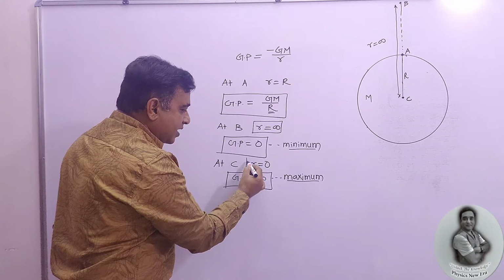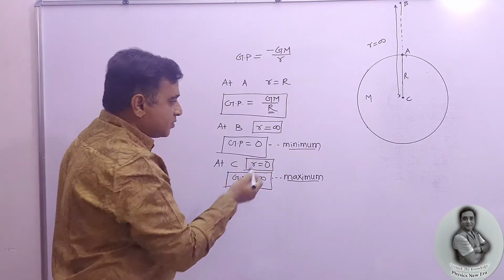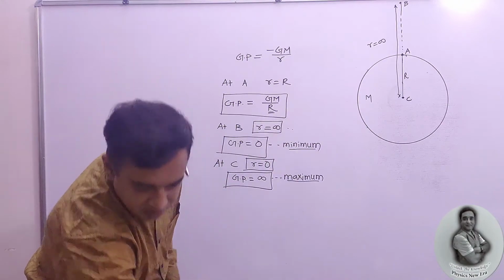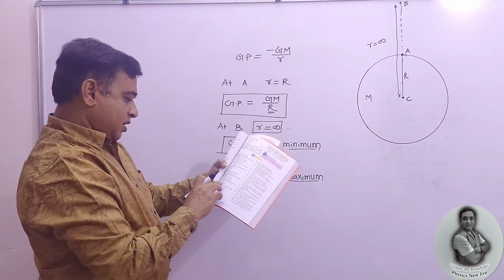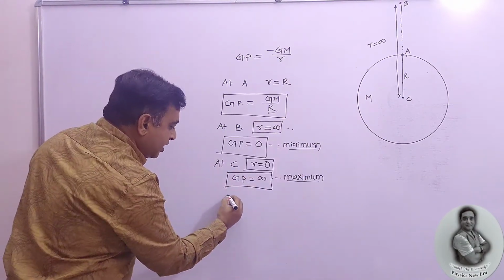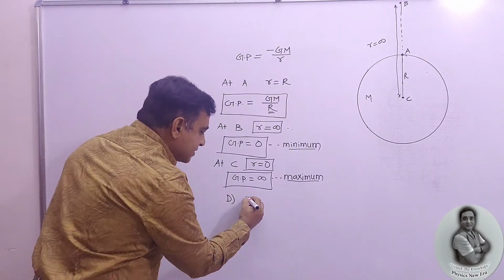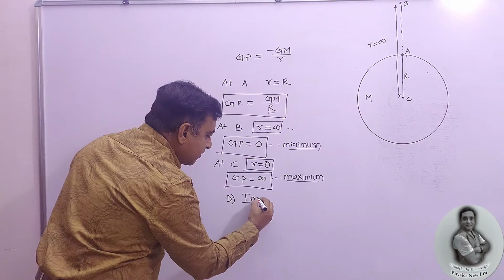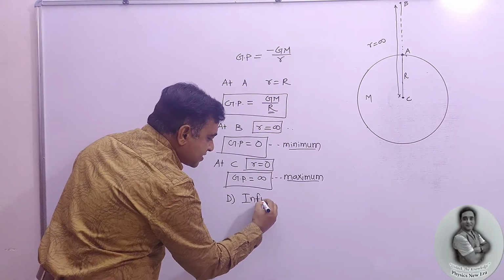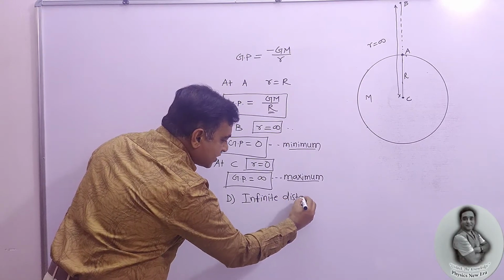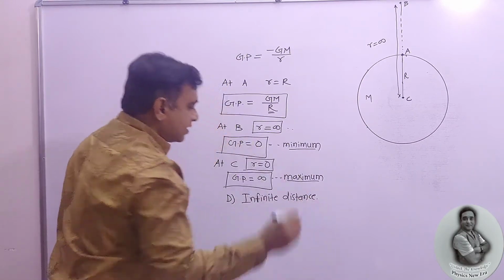Where is it exactly maximum? Here it is maximum. So which option is correct? Option D is correct. Which is that one? Infinite distance. Infinite distance is the correct answer for this.